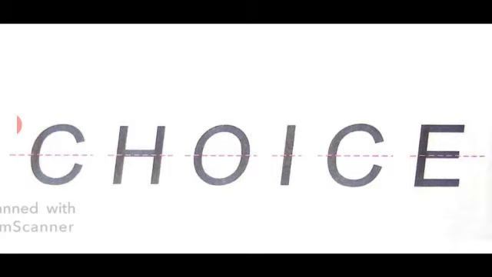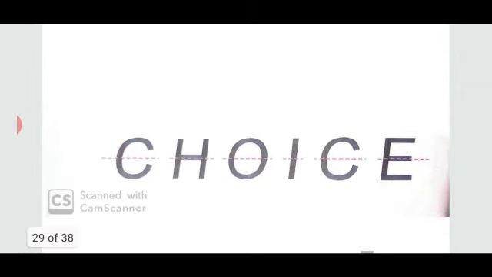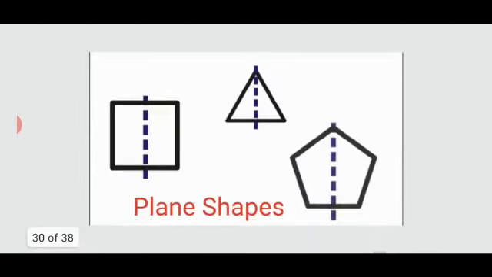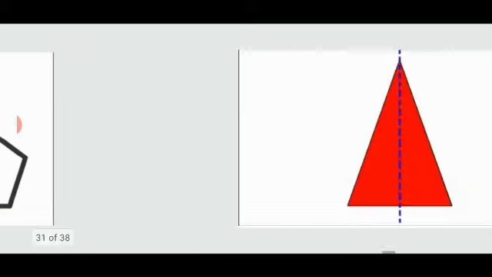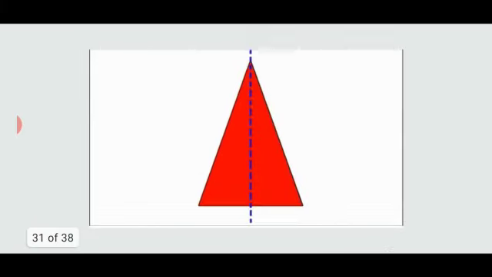Now we will discuss about symmetry in plane shapes. Plane shapes also have symmetry. A plane shape is said to be symmetrical about a line if the line divides the shape into two equal halves.